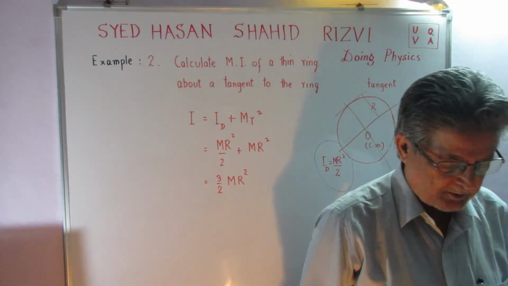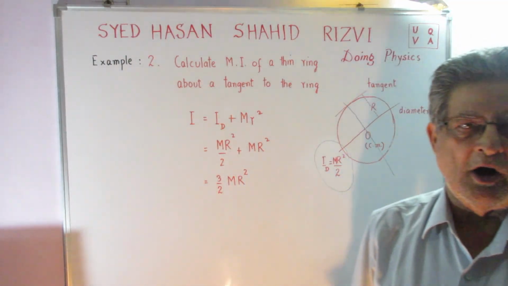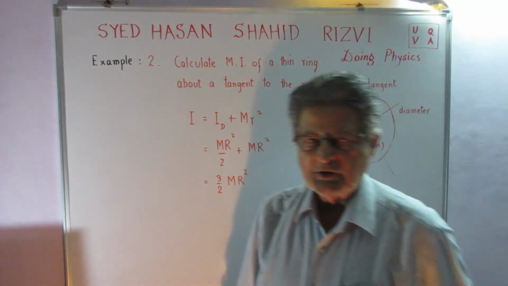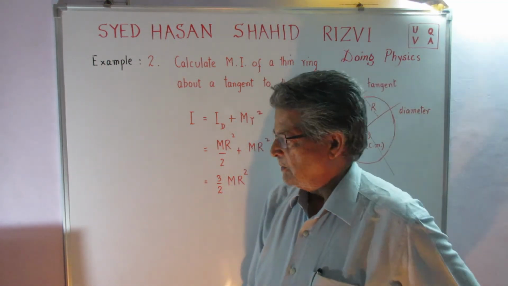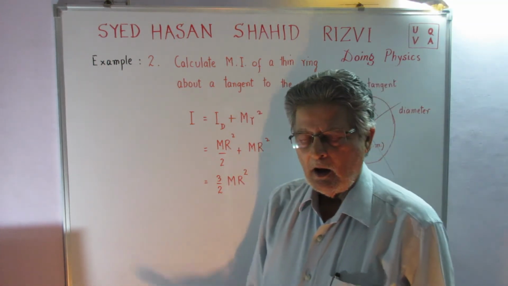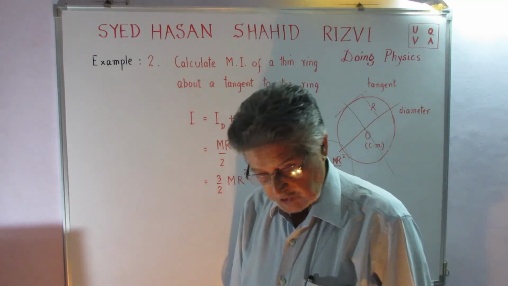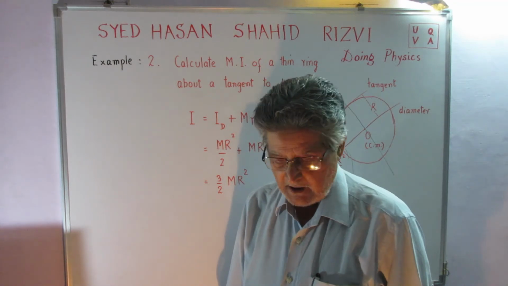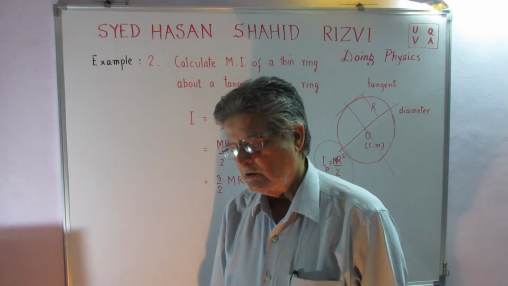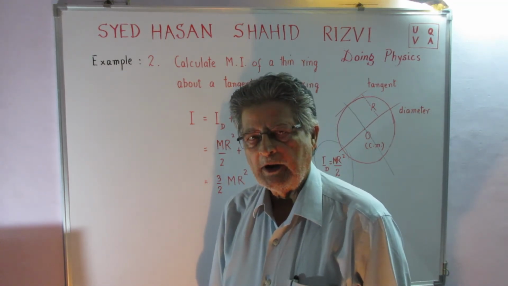Many other things can be given to you. The moment of inertia of that geometrical body, the planar body, is known to us. Then of course we can apply the two theorems judiciously and obtain the results, calculate the results very, very fast.